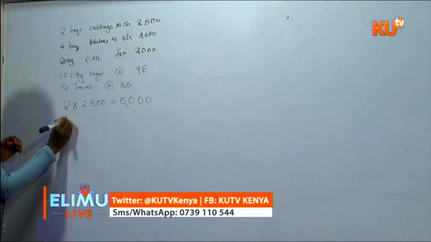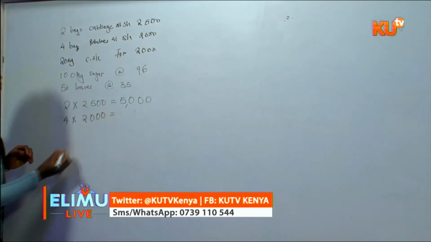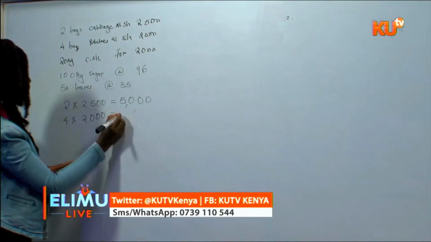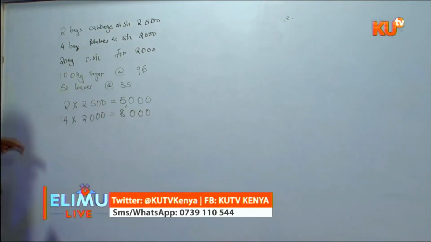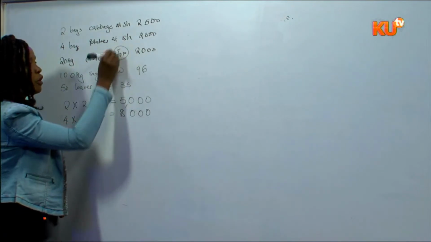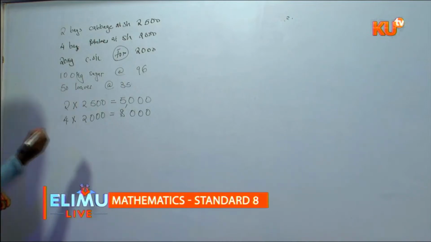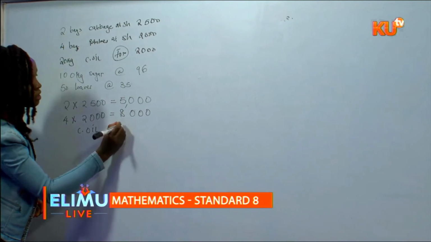So it is the number of bags times the cost of 1 bag. 4 times 2,000, we get 8,000. Then the 20 kgs of cooking oil cost 2,000 shillings, as the total cost.